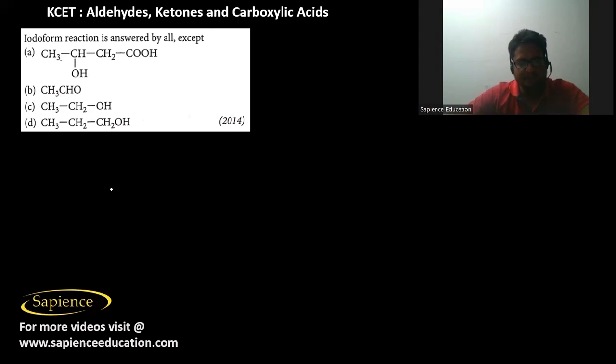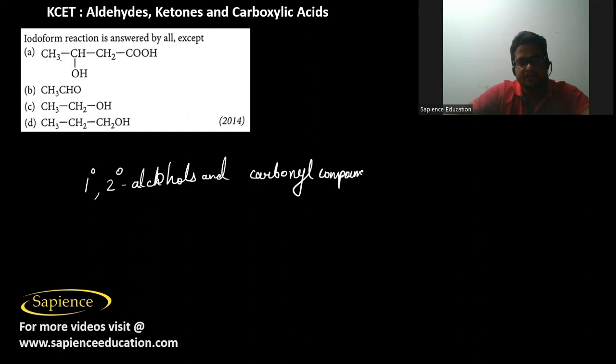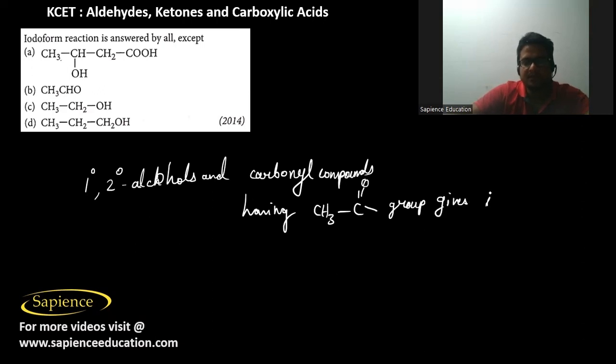So the rule is that 2 degree and 1 degree alcohols, and carbonyl compounds having the CH3CO group give the iodoform test.